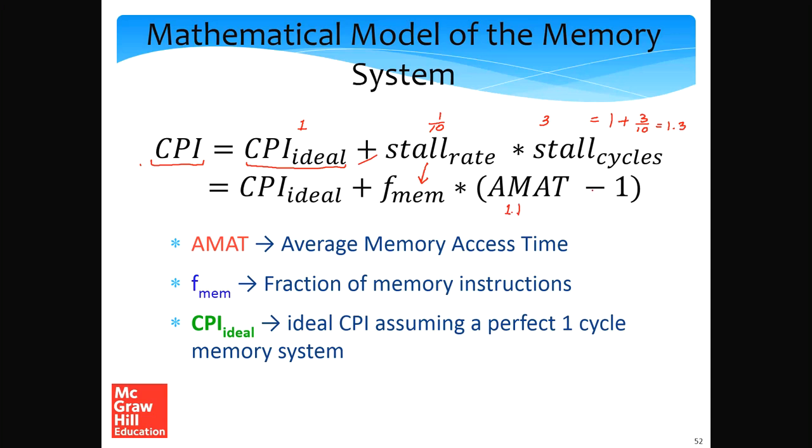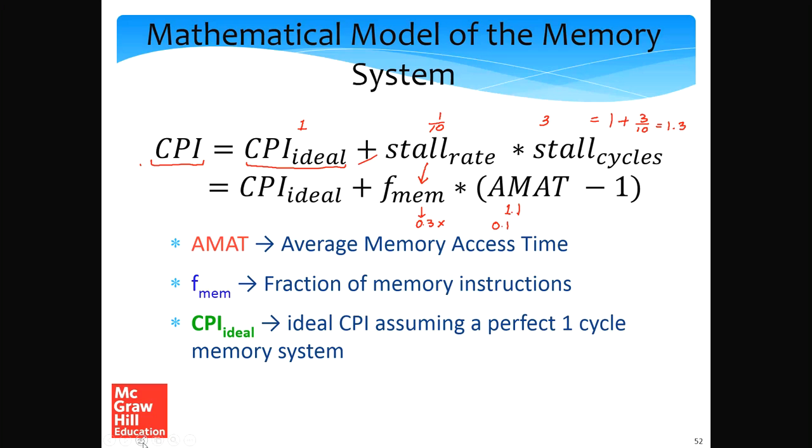Then the number of stall cycles is the average memory access time minus the time it takes to perform an ideal access, which is 1 cycle. So it is 1.1 minus 1, which is 0.1. Assume that 30% of the instructions are memory instructions, so the CPI will be CPI ideal plus 0.3 times 0.1.